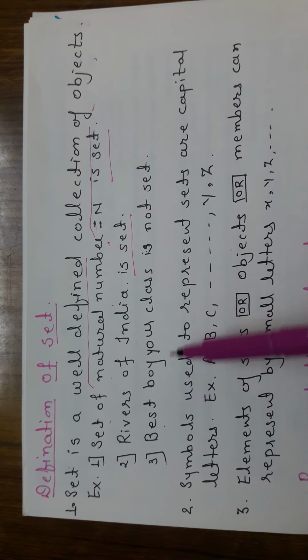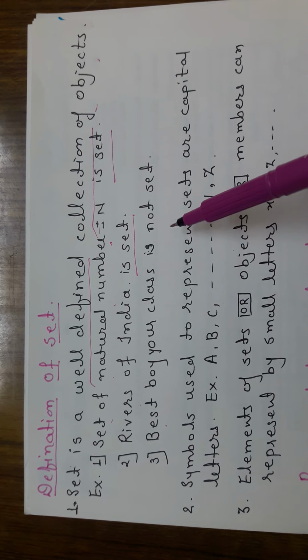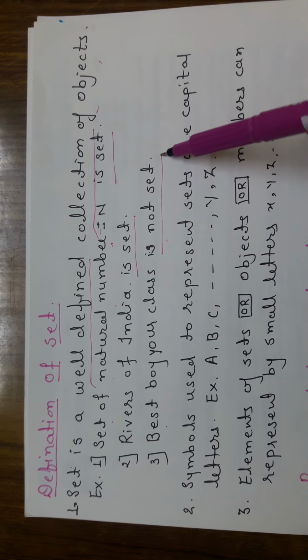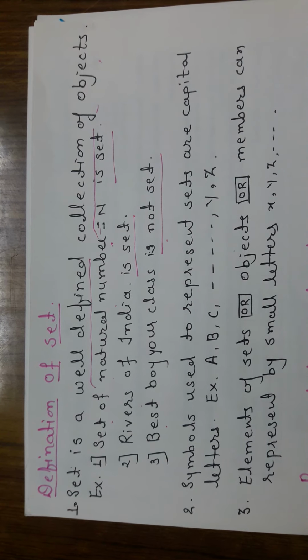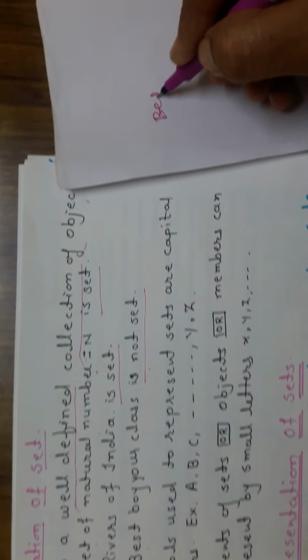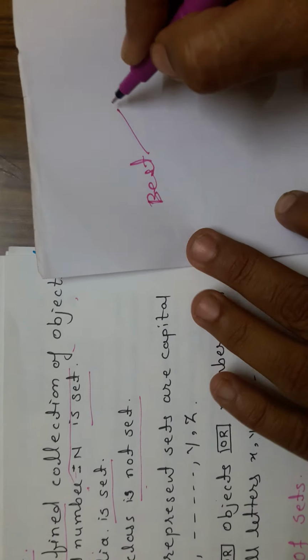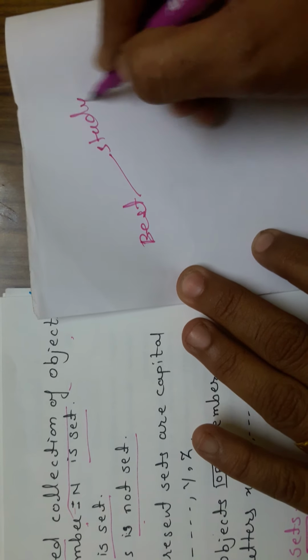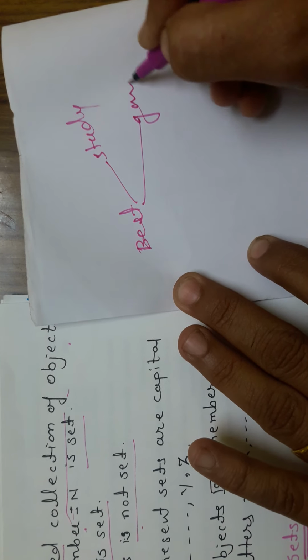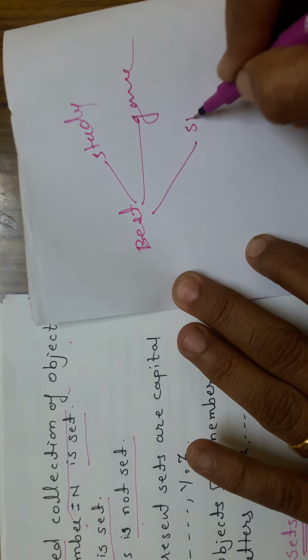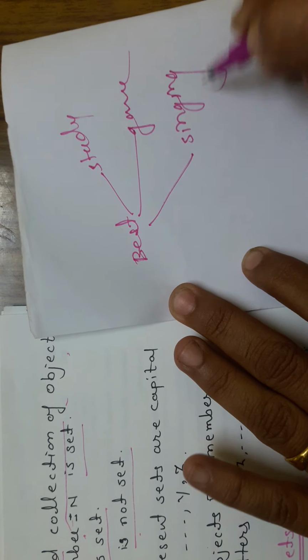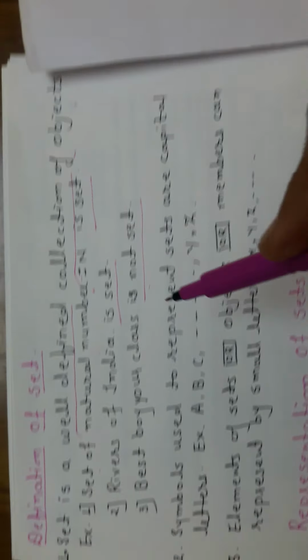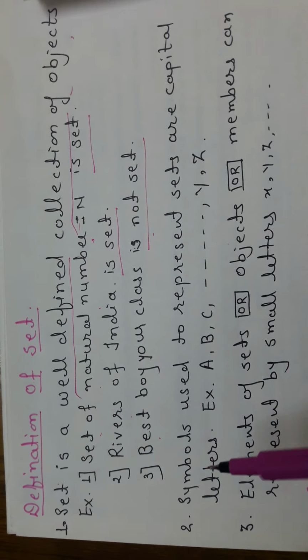Next, best students of your class is not a set because the best student can depend on their study, their games or their singing, which is not mentioned. That's why it is not a set.